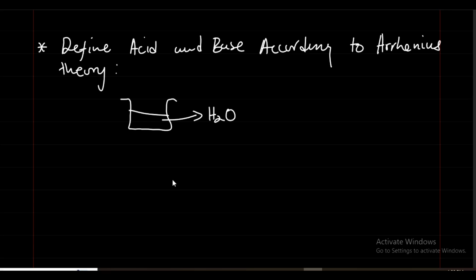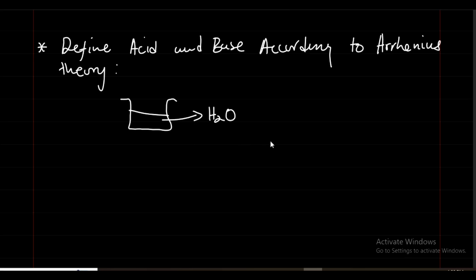Okay, so now there's something that we call auto ionization of water. We will talk about that a bit later. Auto ionization of water means that the water molecules themselves act as acid and base. I haven't explained what is an acid and what is a base, but when water auto-ionizes, this is what happens.